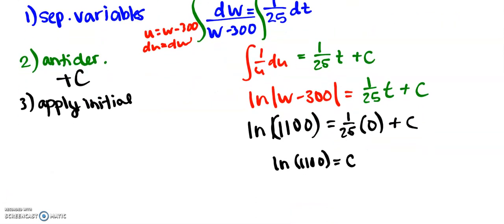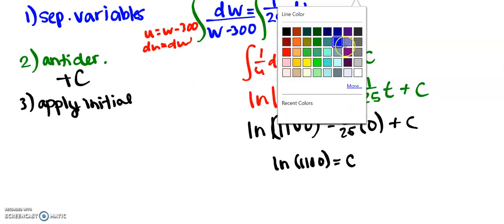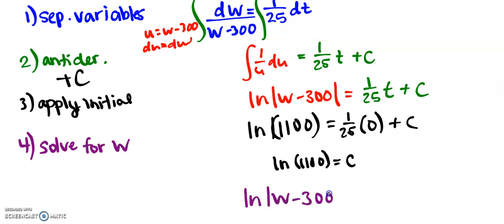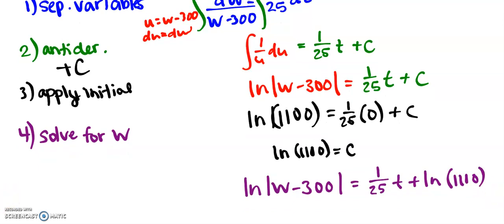And then step 4, I'm running out of colors. Step 4 is to solve for, in this case, W. So I'm going to go back to the natural log of W minus 300 is equal to 1/25 t plus the natural log of 1100.